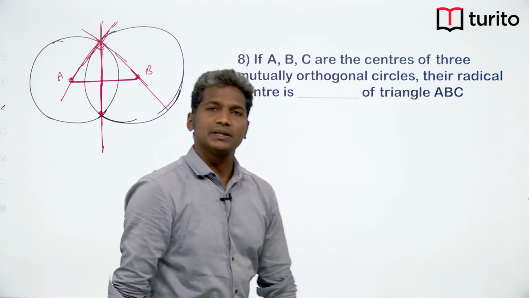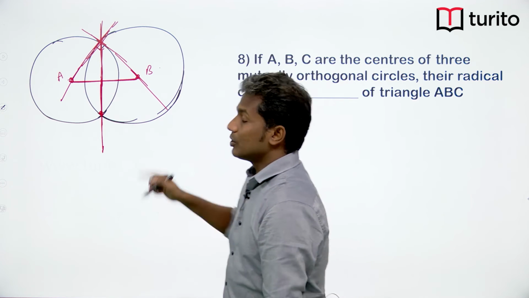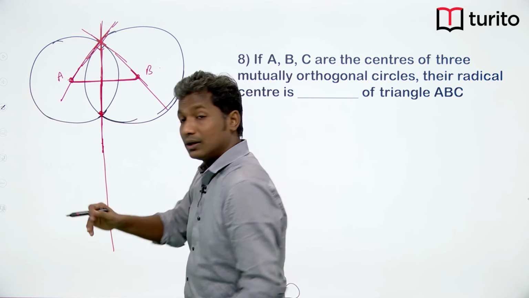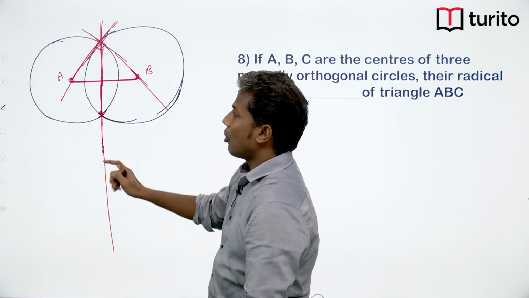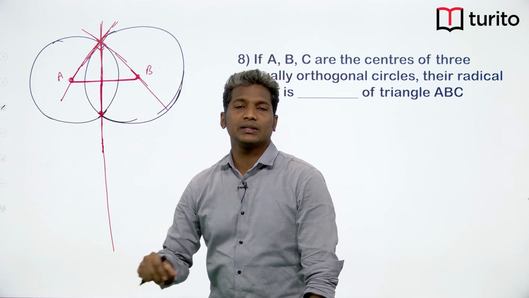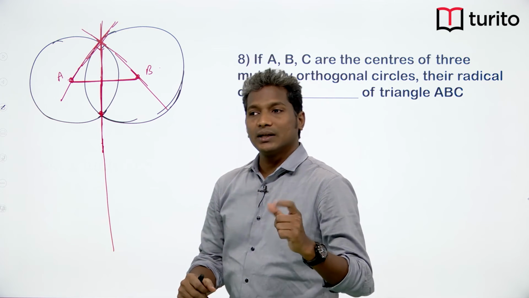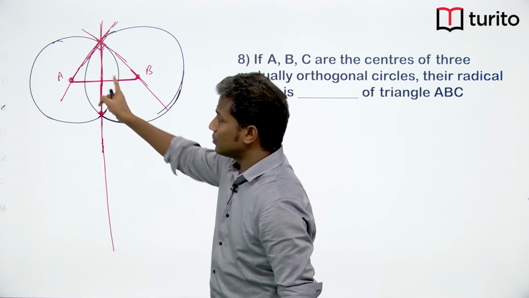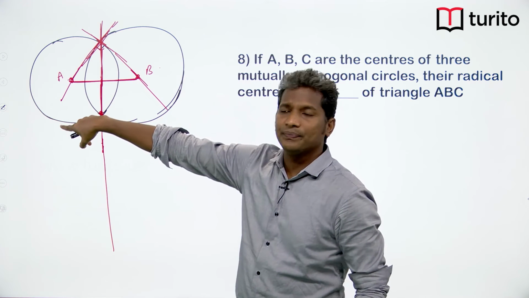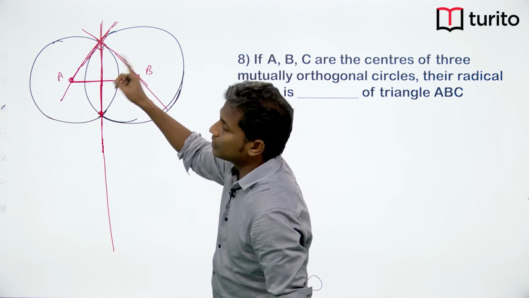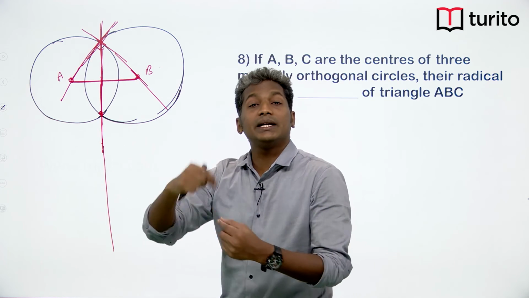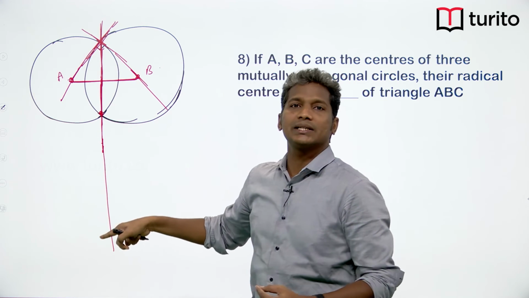Okay. Is this clear? Now, also we have this idea that any third circle which is orthogonal to the two given circles will have its center on the radical axis only. So, if I am able to draw any third circle here which is orthogonal to the two given circles, then the third circle's center must lie on the radical axis.